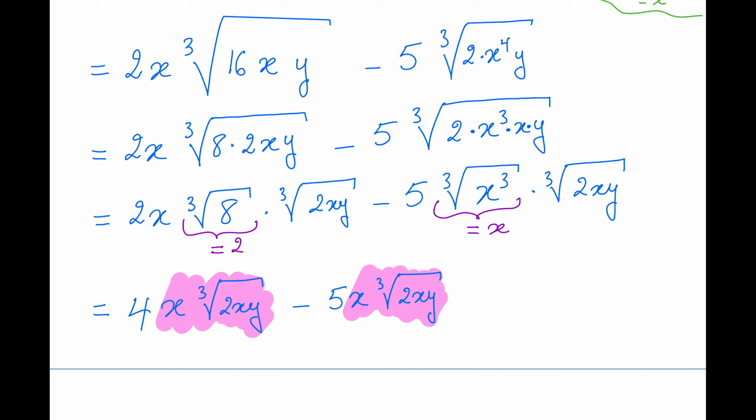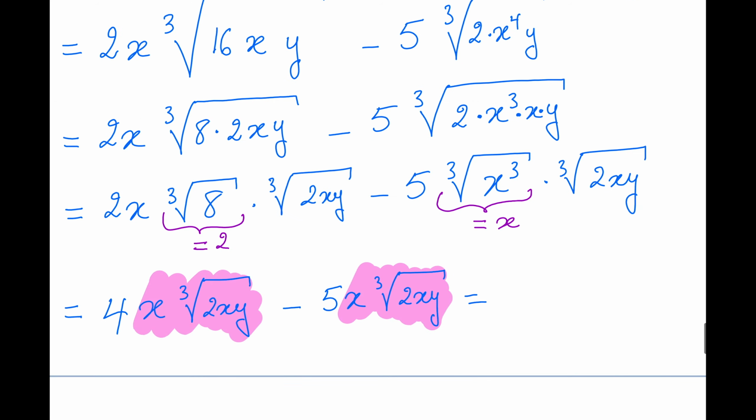So 4 of the image minus 5 of them is equal to minus 1 times that image, and the image is x, third root of 2xy. Okay. All right, so this is the end of this section.